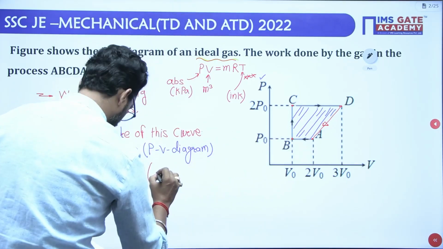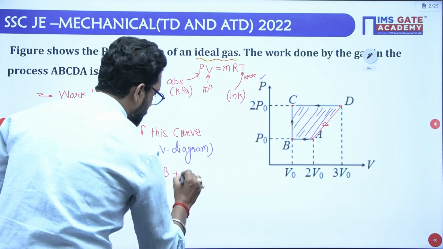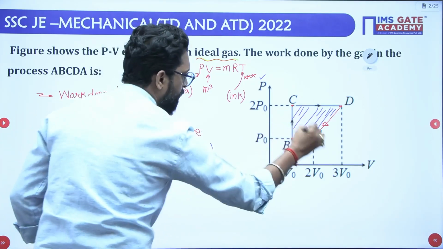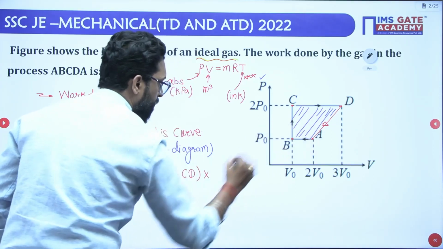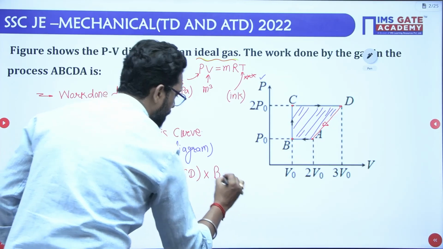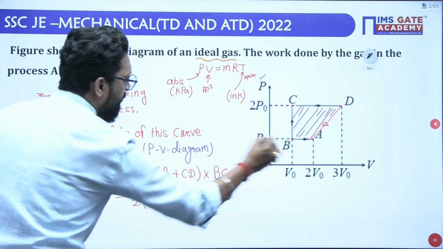that means half of AB plus CD, into the distance between these two. And what is the distance between these two? The perpendicular distance, BC. Put the value, half. What is AB?